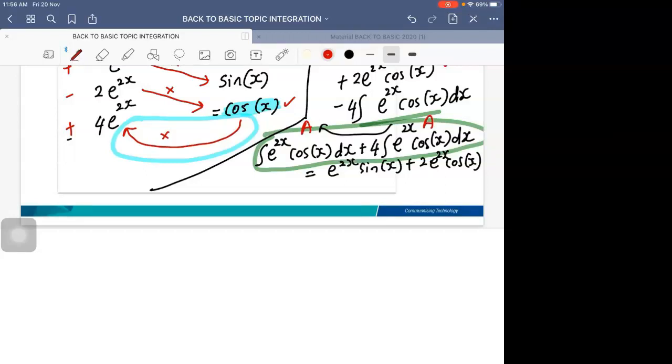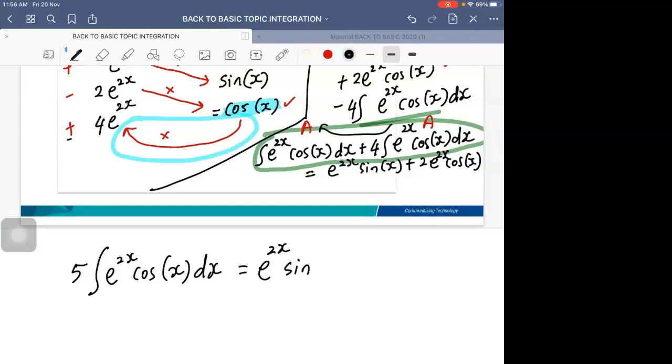So now on my left hand side I should have 5 integrate exponent 2x cos x dx, equate with my right hand side exponent 2x sin x plus 2 exponent 2x cos x.